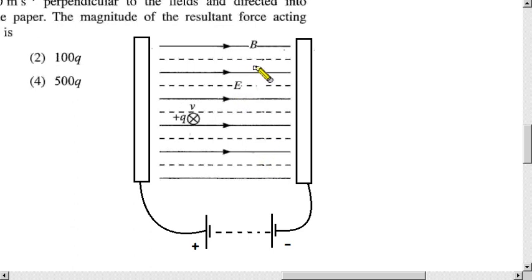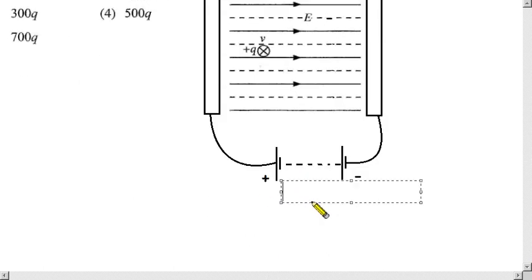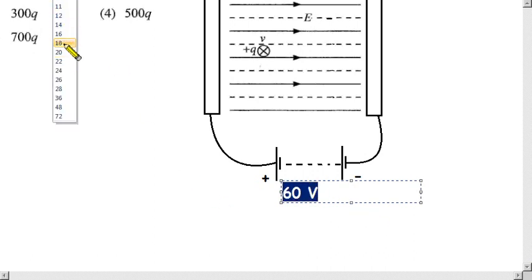You don't need arrows. So now the field intensity is marked here like this. This one is the E. So B is also marked here. Everything is there. So they give this battery voltage, say 60 volt, as I said, 60 volt.